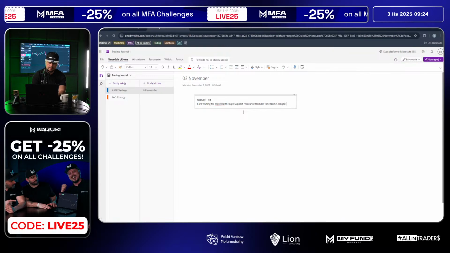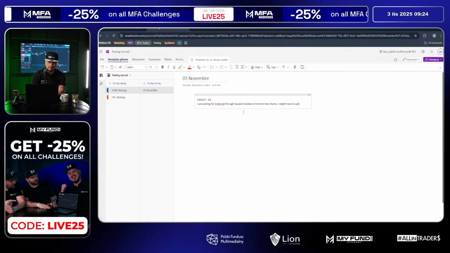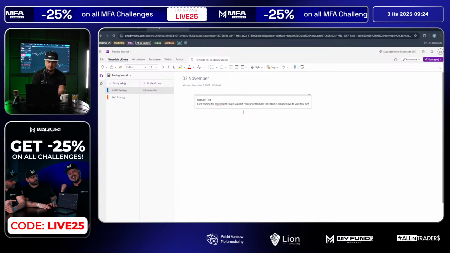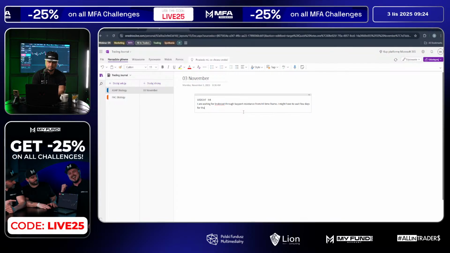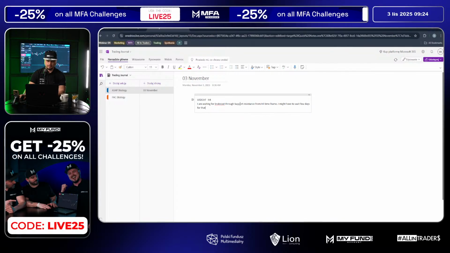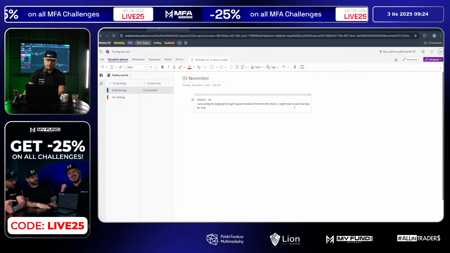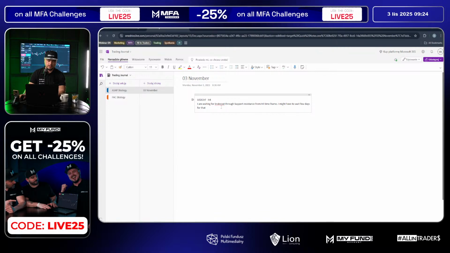I might have to wait 2 days for that. So I'm waiting for breakout through support resistance from 4-hour time frame. I might have to wait few days for that.